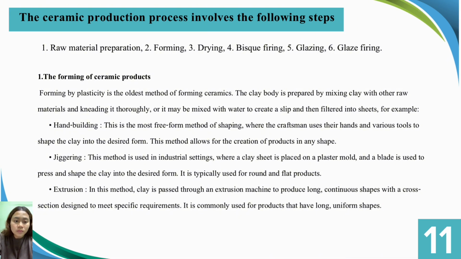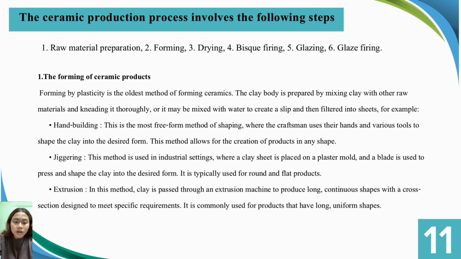For example, hand building. This is the most free-form method of shaping, where the craftsmen use their hands and various tools to shape the clay into the design. This method allows for the creation of products in any shape.